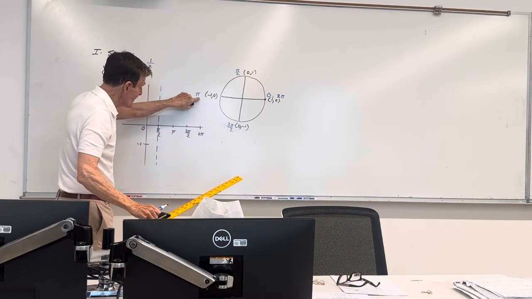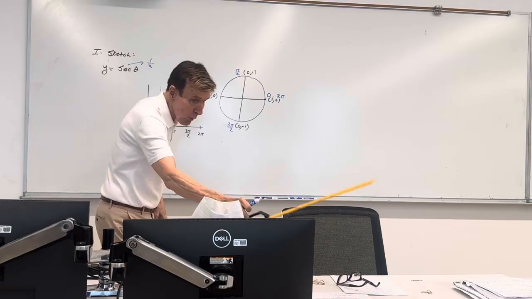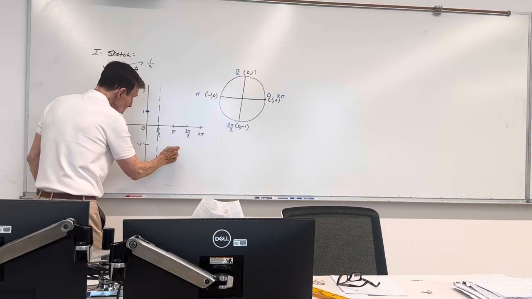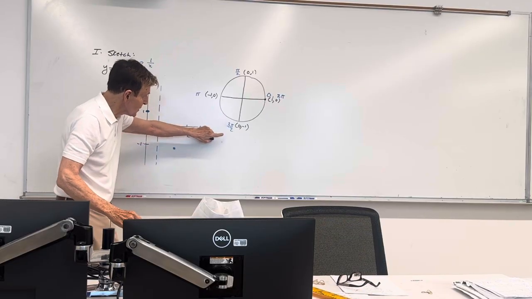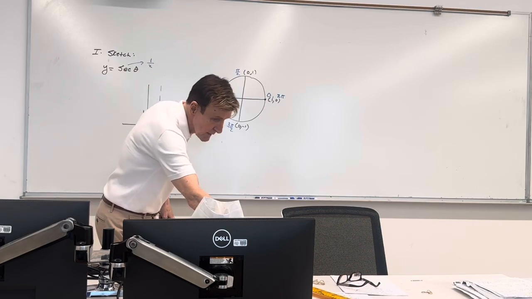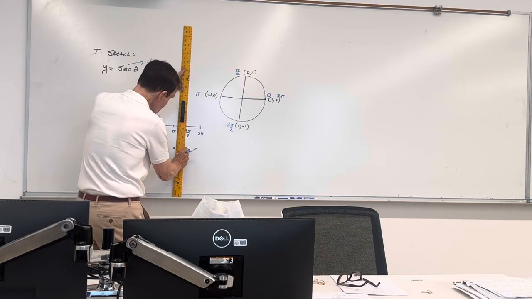Now that pi, right here, the x coordinate is -1. I'm looking for 1 over that, which will give me a -1, so I'm down here. At 3 pi over 2, right here on the unit circle, I'm looking for 1 over x, where the x is 0. 1 over 0 gives me another undefined, can't deal with it.